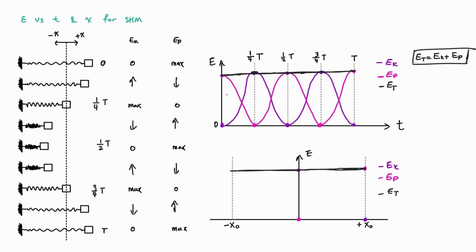Back, and when the position is now at a negative maximum position, right here, we have no kinetic energy again because the object is not moving at that instant of time, and the potential energy is at a maximum. So I'm going to go ahead and put a dot right here, and I'm going to put a dot right here.